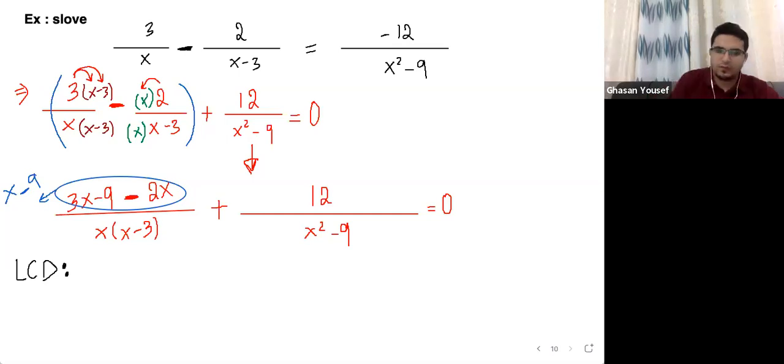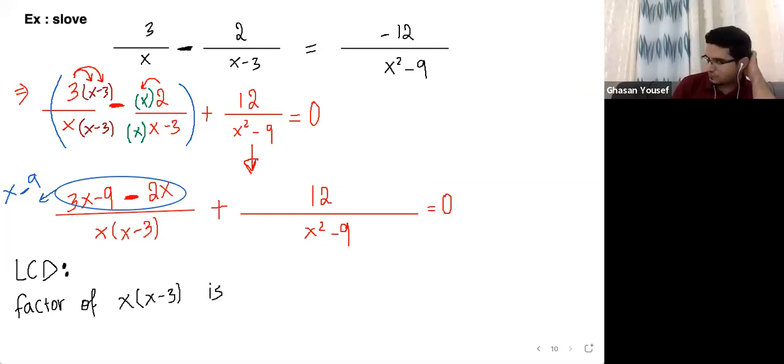I have to factor. Do you remember when I factored the denominator for this one and for this one? So, what is the factor for x times x minus 3?